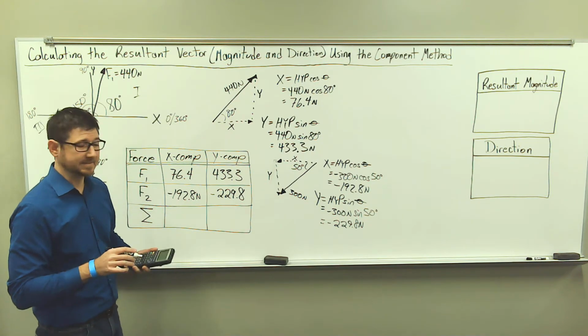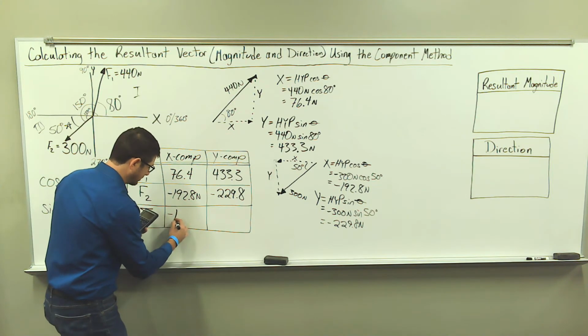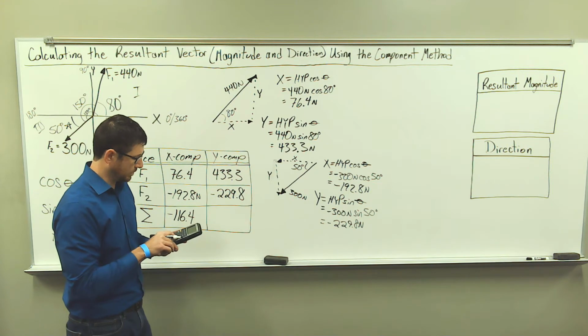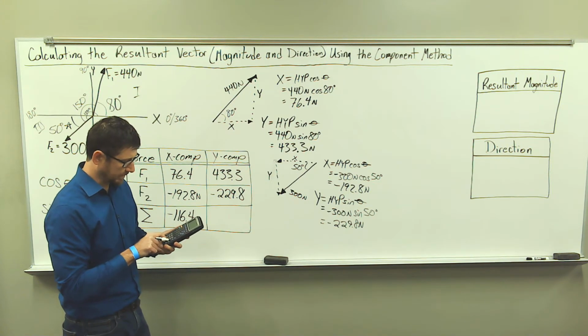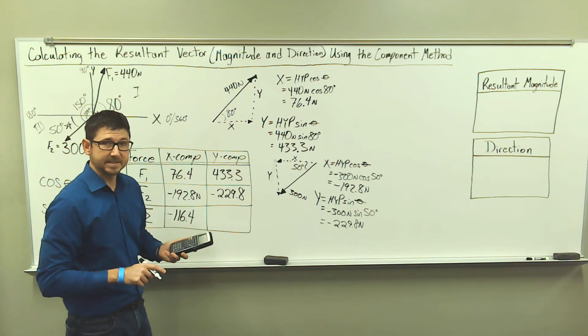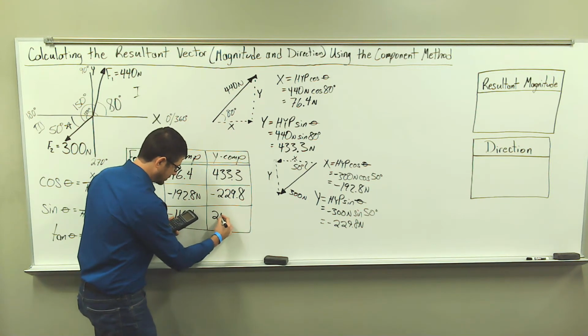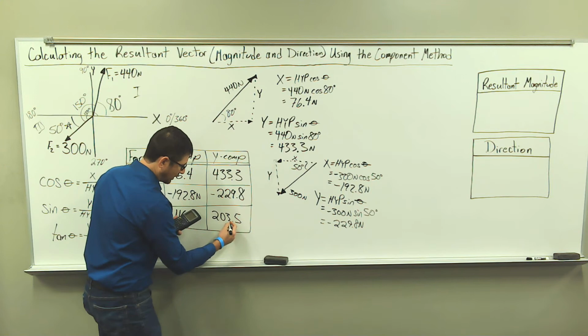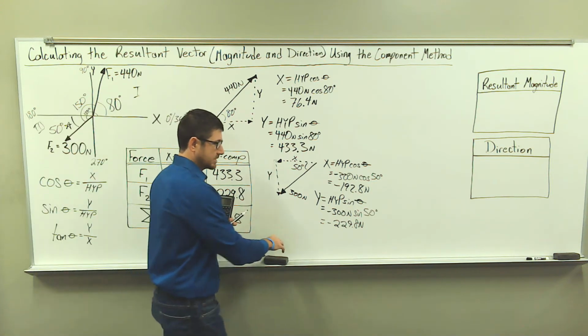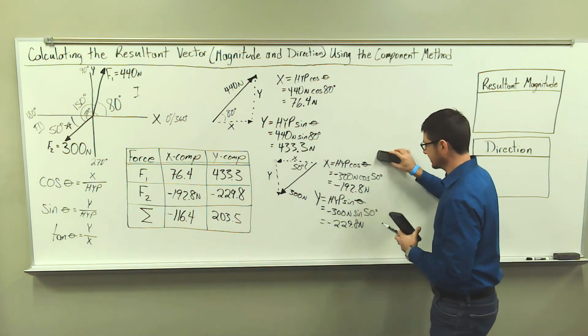This is going to give me negative 116.4. For the y component, 433.3 minus 229.8. This is going to give me a positive 203.5. Okay? So, I'm going to go ahead and erase this here.